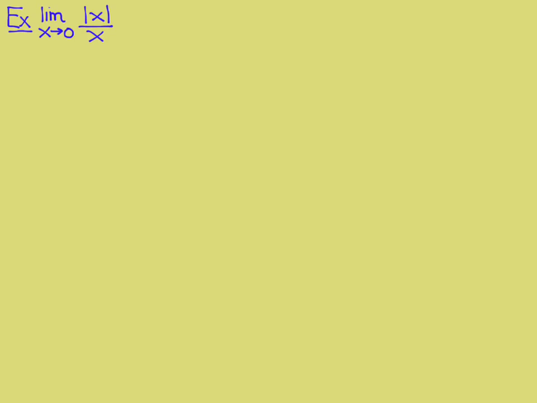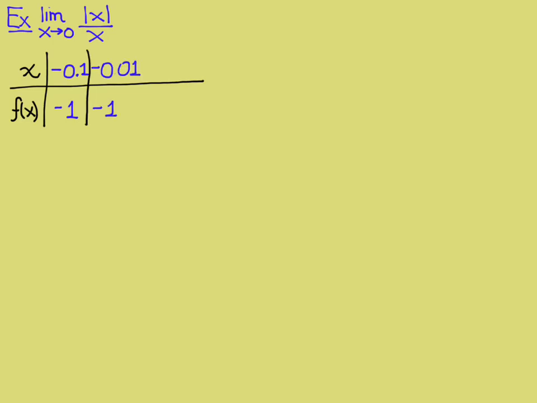Let's look at an example. The limit as x goes to 0 of the absolute value of x over x. Once again, we can create a table, and let's start by using values of x that are slightly less than 0. So this might include things like negative 0.1. When we plug in negative 0.1 into the function, we end up with negative 1 as the y value.